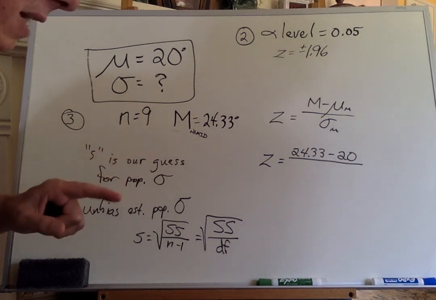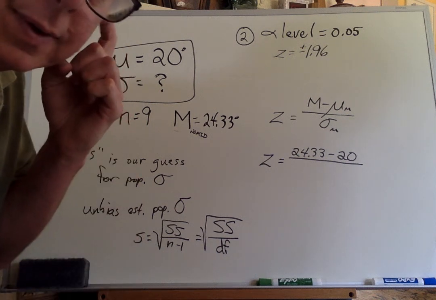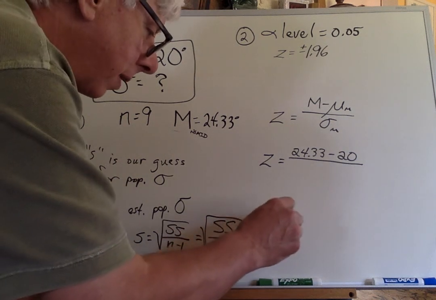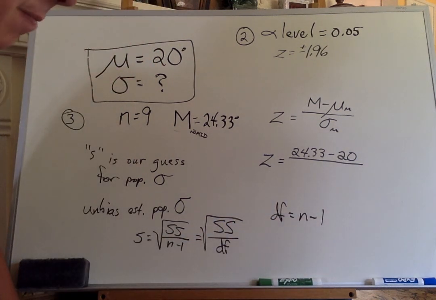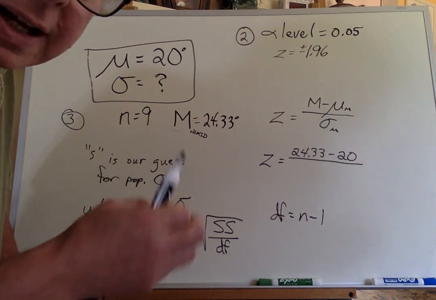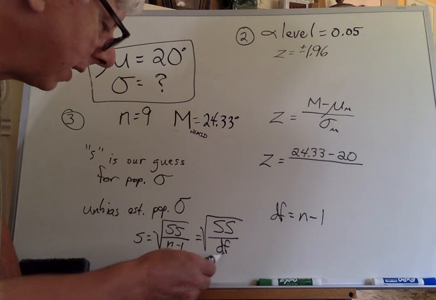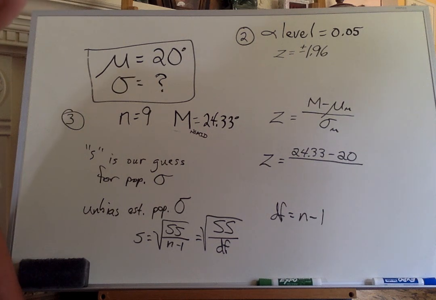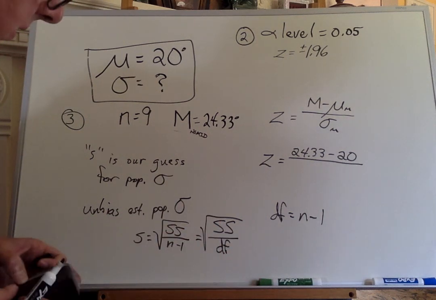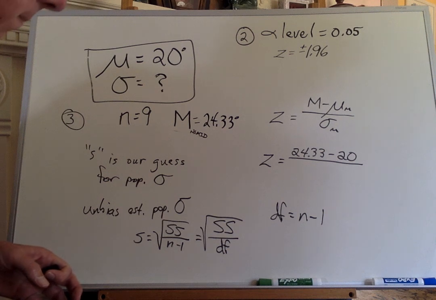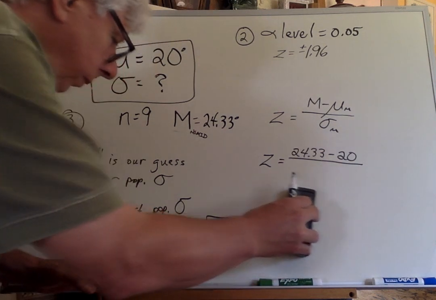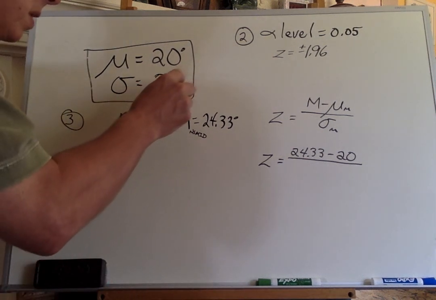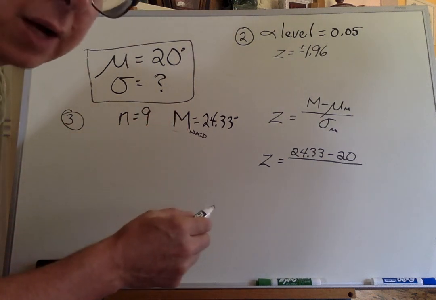It's probably the simplest formula: degrees of freedom equals n minus 1. But it's a fairly complex concept. I'm not going to get into it right now. Just know that degrees of freedom is the term. It means n minus 1. We can talk about that a little bit more later if we want. So what we're saying here is our guess for sigma is going to be 5.41.